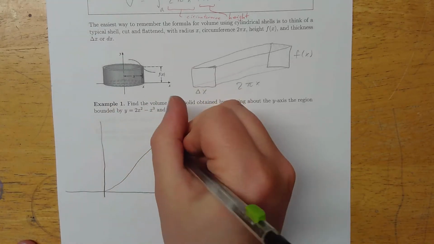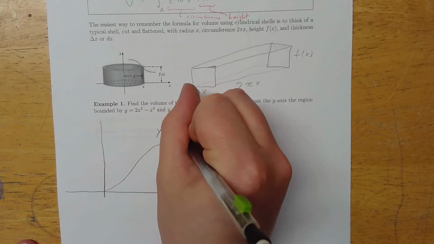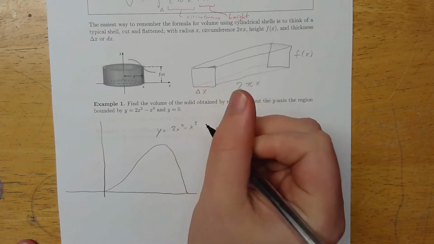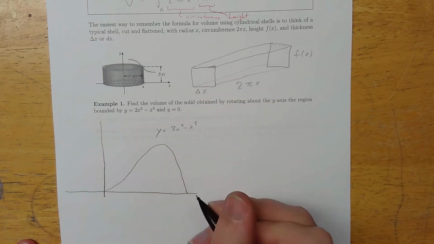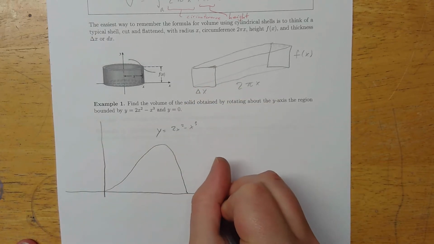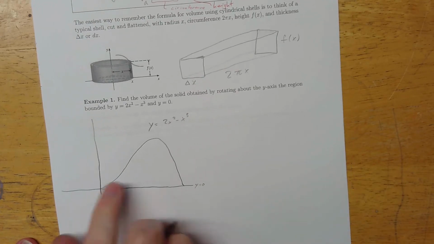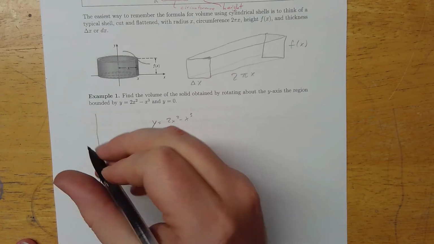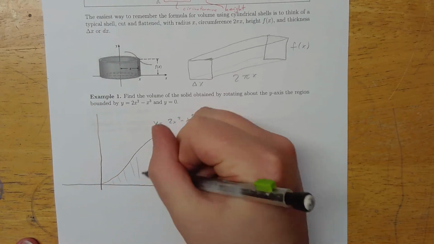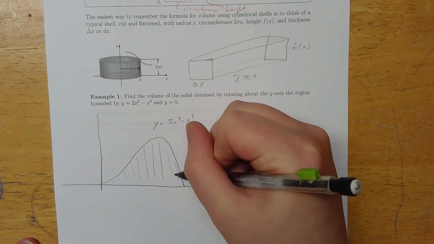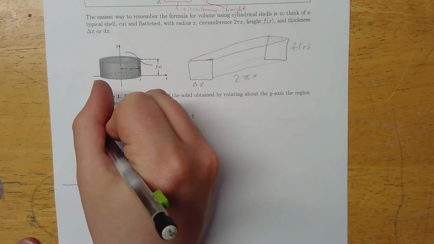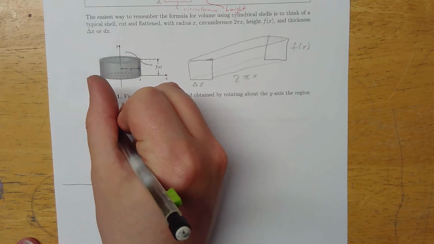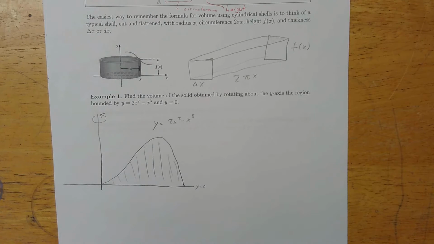We'd start off with y equals 2x squared minus x cubed. We know y equals 0 is going to be one of our boundaries. So we want to figure out where this intersects 0, so that we know where we are looking for this region. And then we are rotating it around the y-axis.